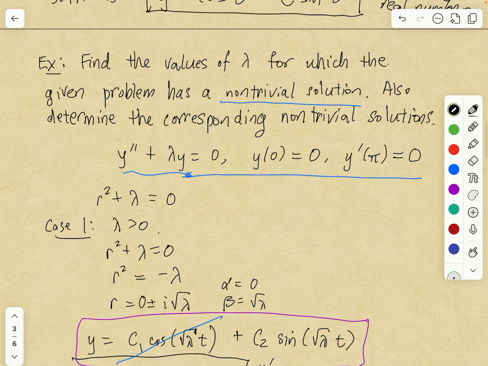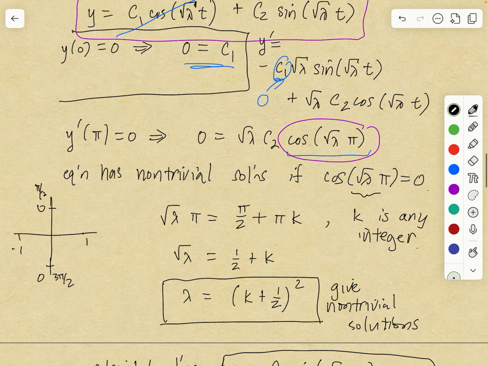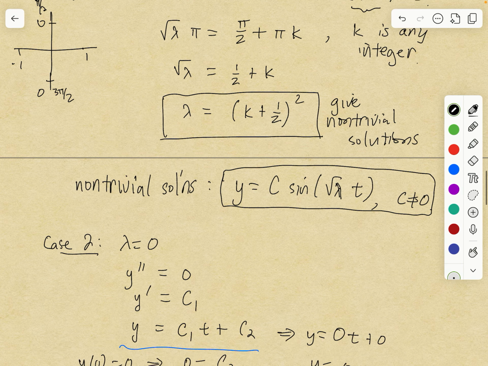The question says, what are the values of lambda for which the problem has a non-trivial solution, and what are the corresponding non-trivial solutions? Well, the answer is that the lambdas are the values k plus 1/2 squared for any integer k. So what would these numbers be? Well, if k is 0, you get 1/4.